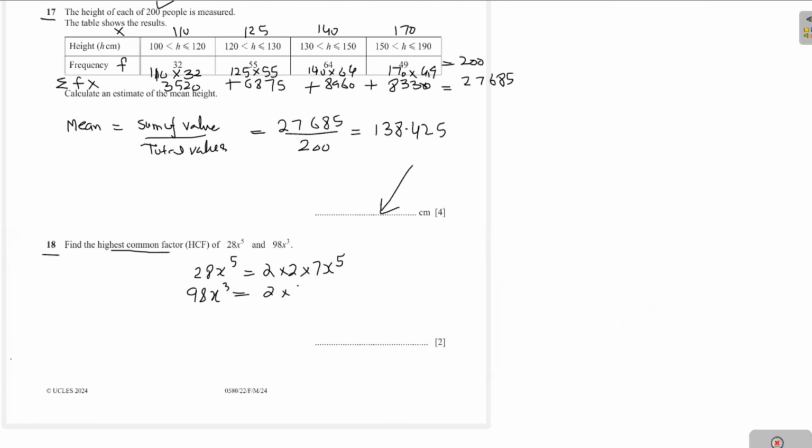We can write 2 into 7 x power 3. HCF is the common between these two values. The common here is 2 and 7. We write 2 and 7. The common between x power 3 and x power 5 is the lowest power value. Therefore, x power 3 will be the common, and 14x³ will be the answer.